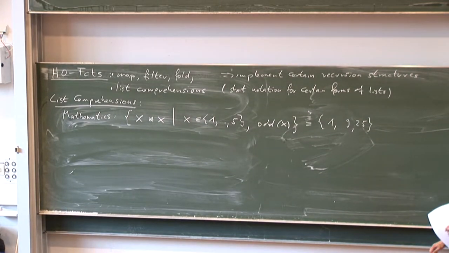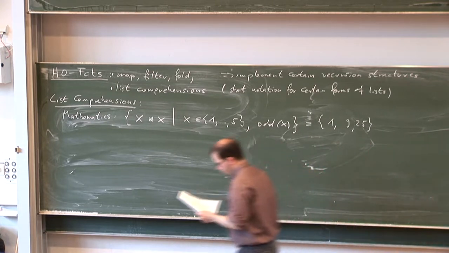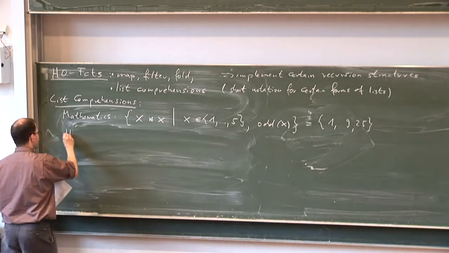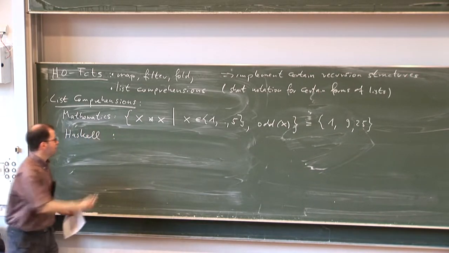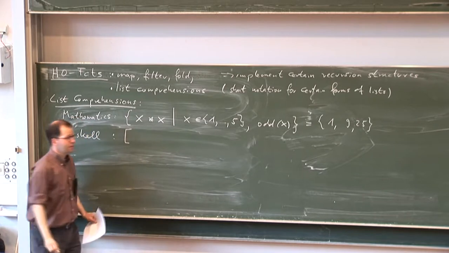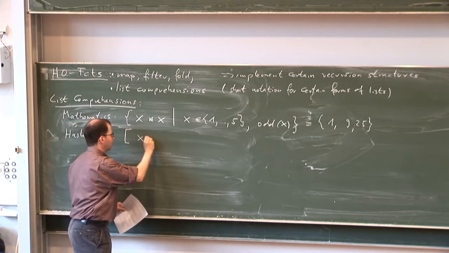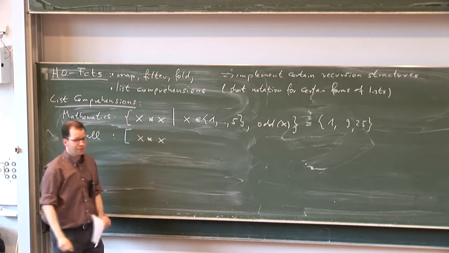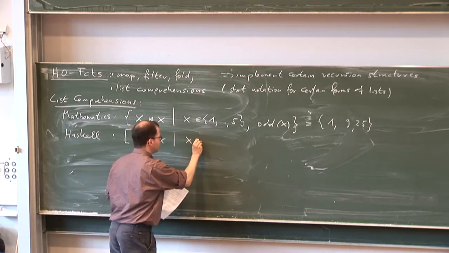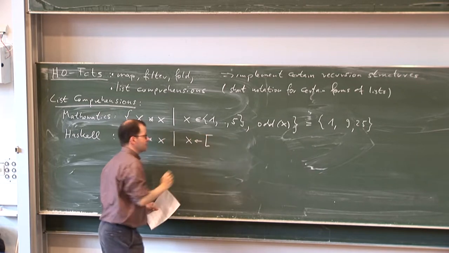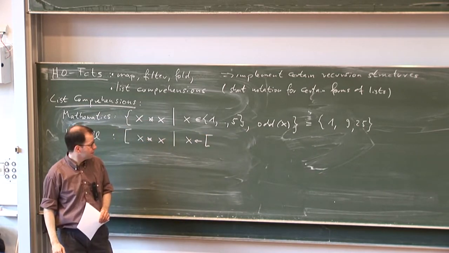And in Haskell, you can write almost the same. So in Haskell, you can write something like this. You can say, I want to look at the list of all expressions of the form x times x, where x is an element of the following list, and you write this by this arrow to the left.